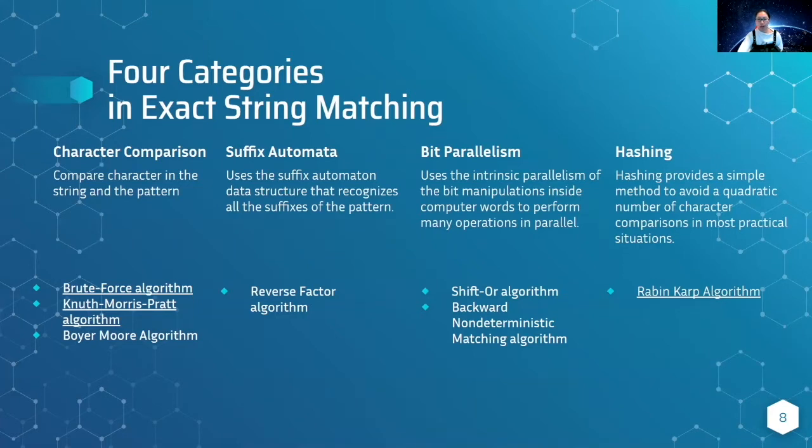Well-known algorithms are the Shift-OR algorithm and the backward nondeterministic matching algorithm. Hashing provides a simple method to avoid a quadratic number of character comparisons in most probabilistic situations. A well-known algorithm is the Rabin-Karp algorithm. We will talk about it in more detail.